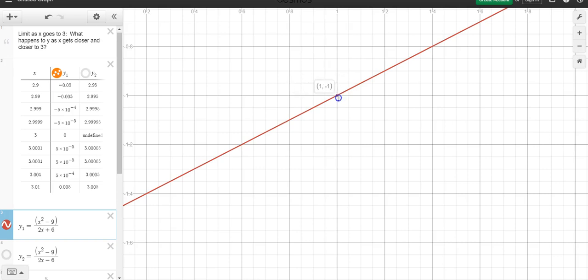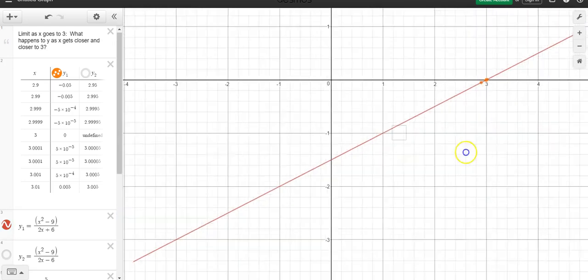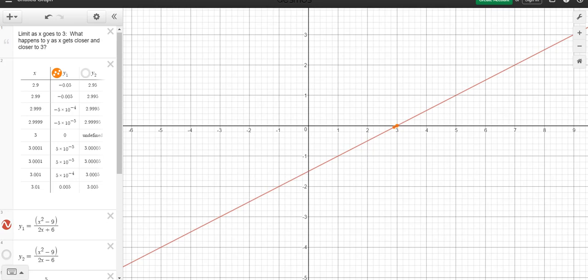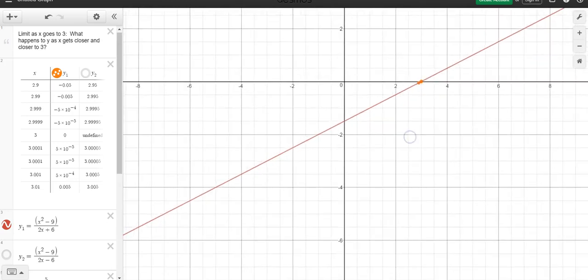And then we're right at 1. Notice over here in the other direction, if I make x closer and closer to 1, y is getting closer and closer to negative 1. So this is the definition of a limit. Anytime you have an actual point on the graph, the limit for a particular x-coordinate is just the y-coordinate if there's a point on the graph. So this is just a situation where there was a point on the graph at (3, 0), and 0 was the limit.